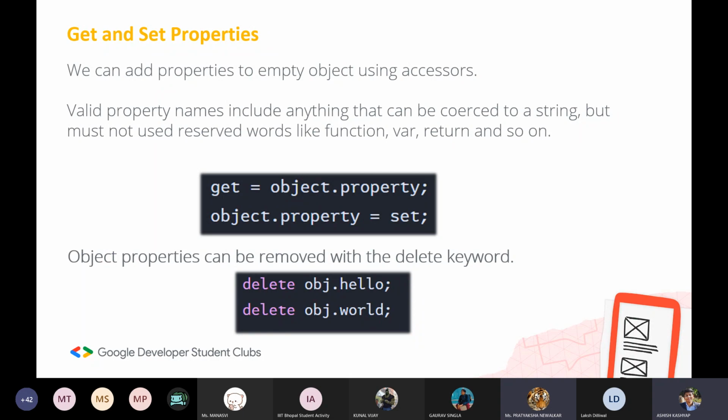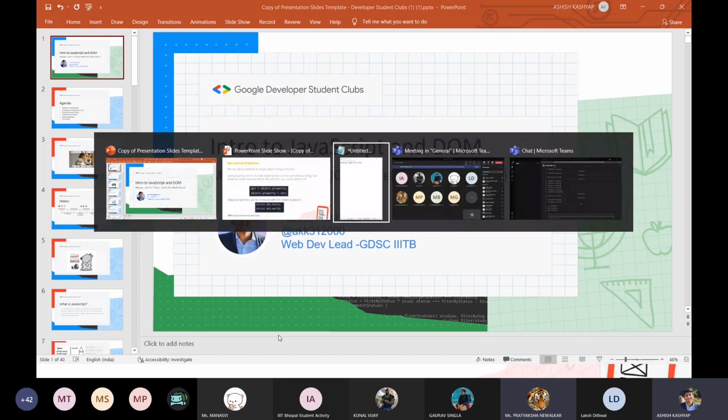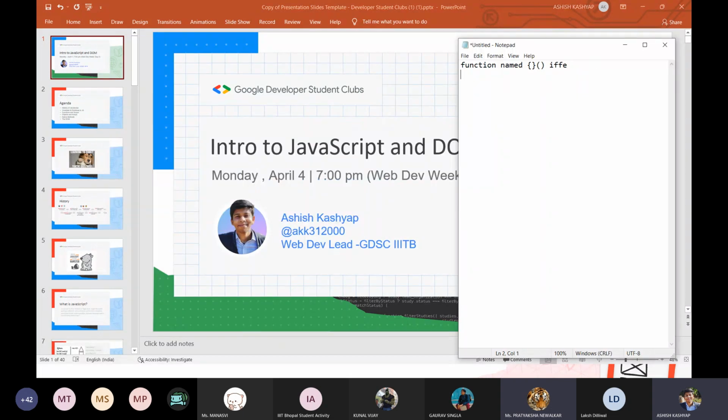For example, let me show you in Notepad. If you have an object like dogs, it's an empty object initially, and if you want to add a property named color, what you will do is write dogs.color equals the color of the dog, right? It's red.